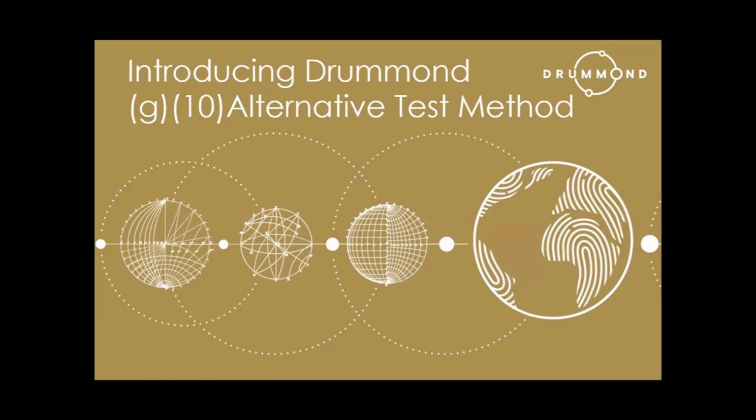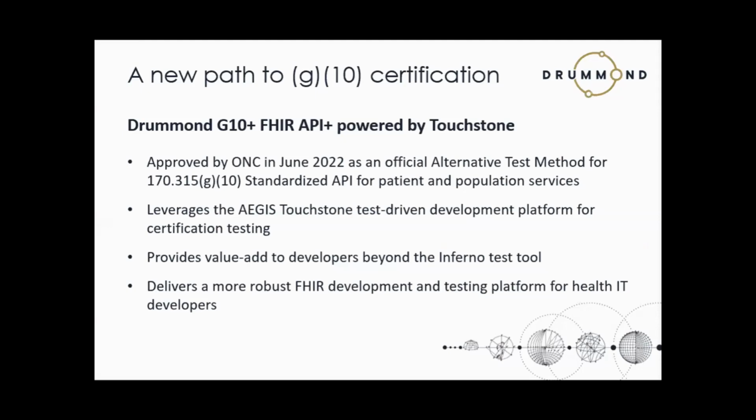So with that all-important review of the ONC reg deadlines and enforcement out of the way, the remainder of the webinar we will focus on what John just talked about: one new path at Drummond Group that we're offering to assist our customers, or health IT developers, to get G10 certified, and that's our new G10 FHIR API Plus program that's powered by Touchstone, which is now, as recent as June, an officially ONC approved test method for G10.